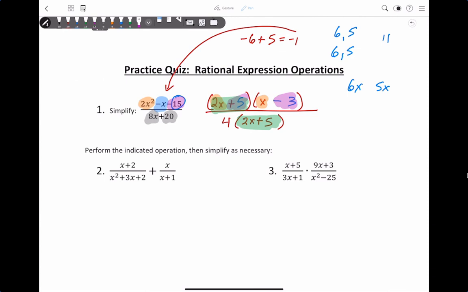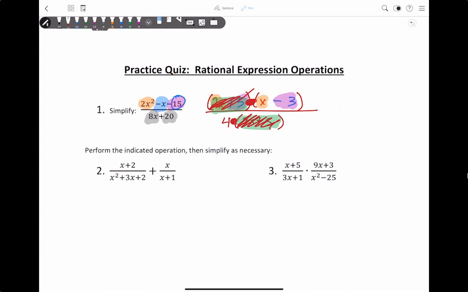There's a huge multiplication right here that we're chopping off, and a huge multiplication piece right here where we're chopping this off, otherwise simplifying, canceling to a form of 1. So x minus 3 over 4 is going to be our final answer. There aren't any other pieces that will simplify, so we have x minus 3 over 4, and that's going to be your answer for number 1.